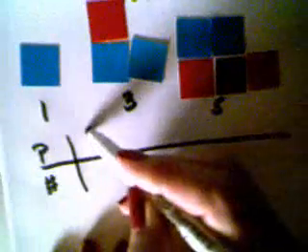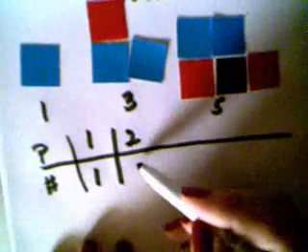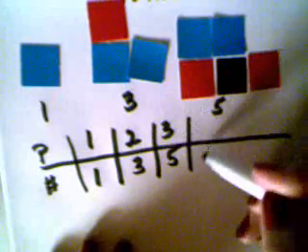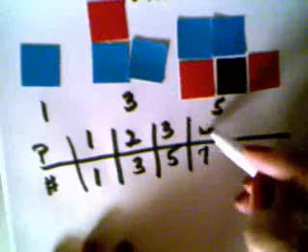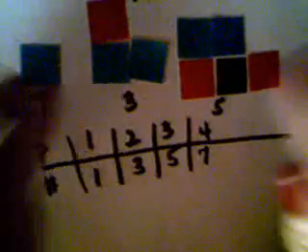So if I take the position and the number of tiles, the first position, 1 tile, the second position, 3 tiles, the third position, 5 tiles, and I know that the next number of tiles will be 7 in the fourth position.